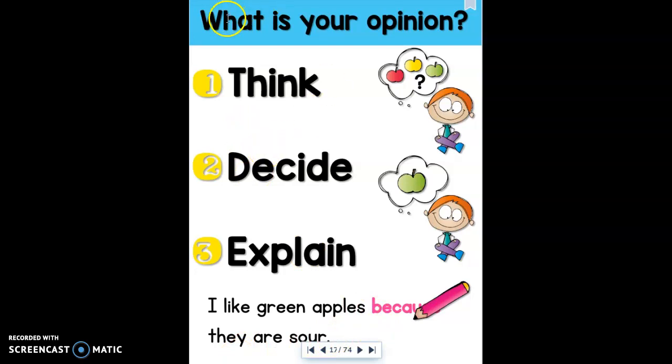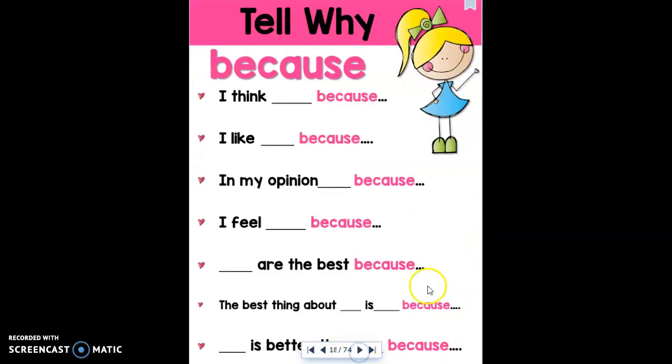So when we have opinion writing, the first thing you need to do is think about the question, then decide how you feel, and then explain why you feel the way you do. All right, so here, if you turn to the next page in your writing workshop folder, I've provided you this example. These are some ways that you can explain why or tell why you feel a certain way. These are just different examples that you could use.